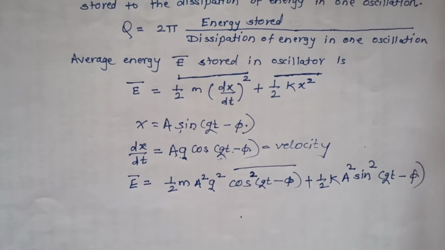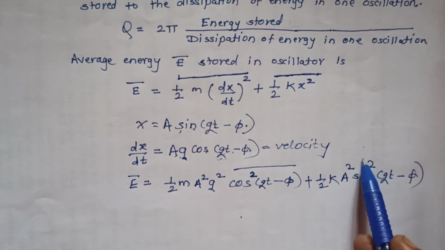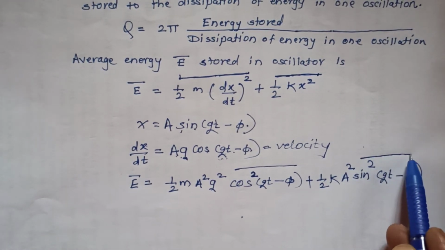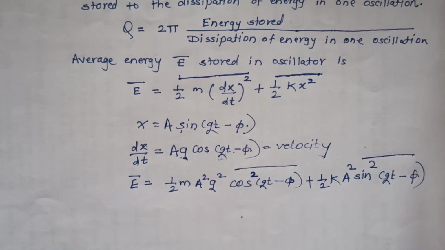Here we take the average of sin^2(qt - phi), then put the value of the average of cos^2(qt - phi). The value of its average is 1/2. Here the average of sin^2(qt - phi), its value is also 1/2. Put this value in the above equation.